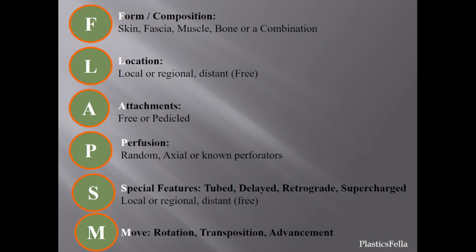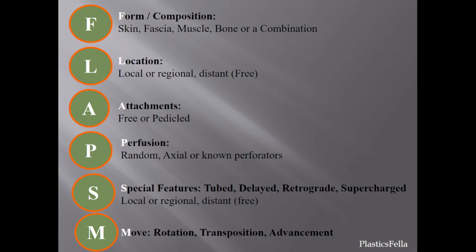Classification of flaps in the beginning was relatively easy, since they could be distinguished from one another only according to how they were constructed. This included how they were transposed, for example, advancement, rotation, or transposition flap, their geometrical configuration, or their destination.